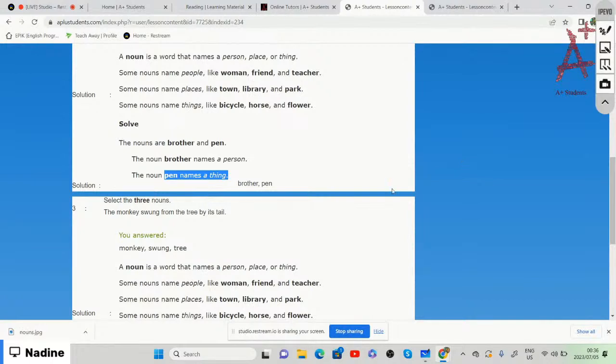We need to identify three nouns within that sentence. Remember, a noun is a word that names a person, a place, a thing, or an animal.